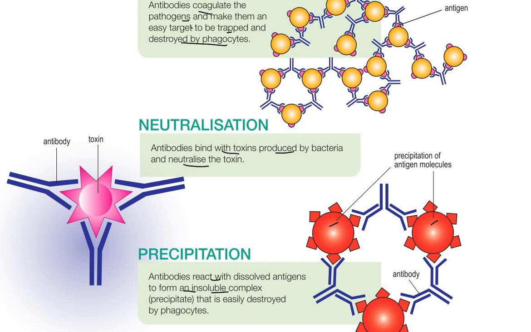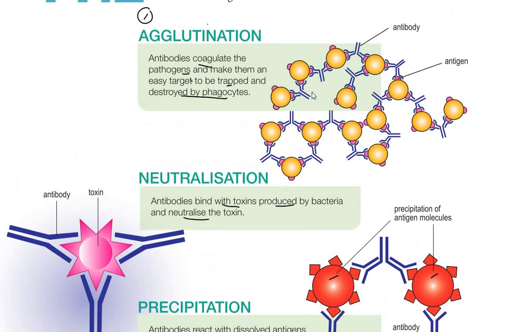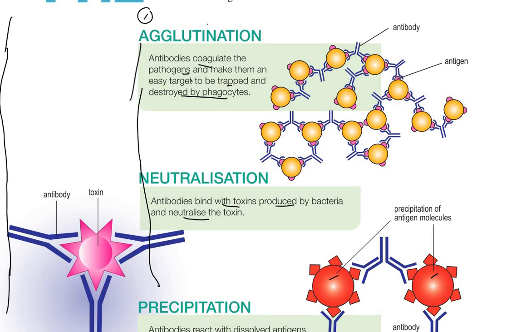Let's say we draw this in our blood vessel. This is the bacterium, for example, a bacterium of pathogens, which releases toxin.